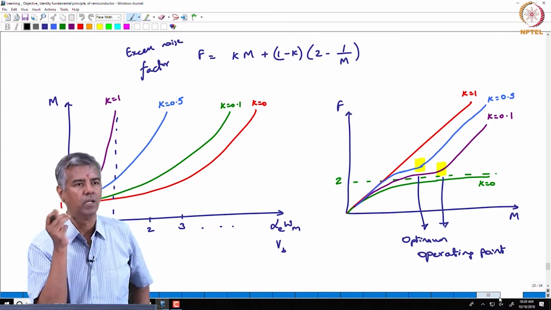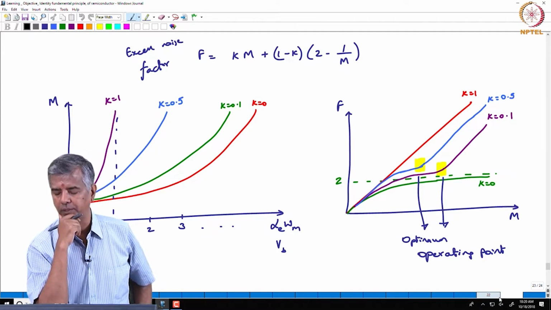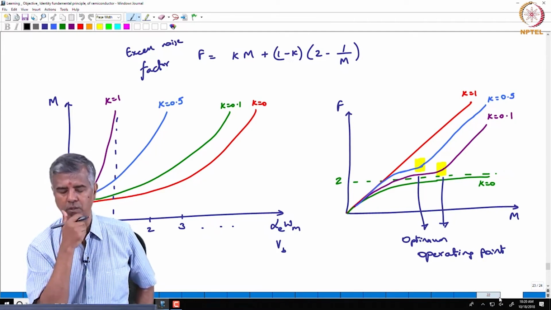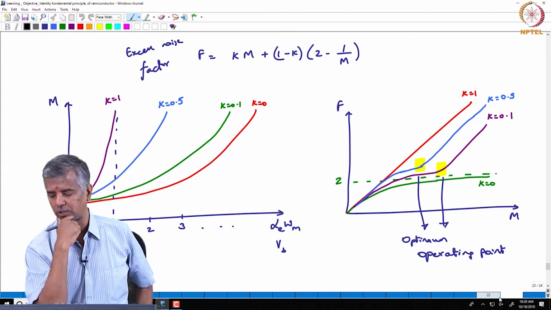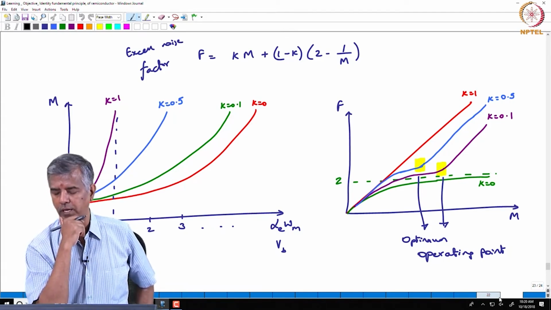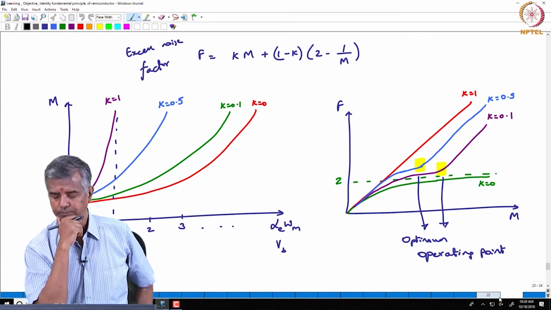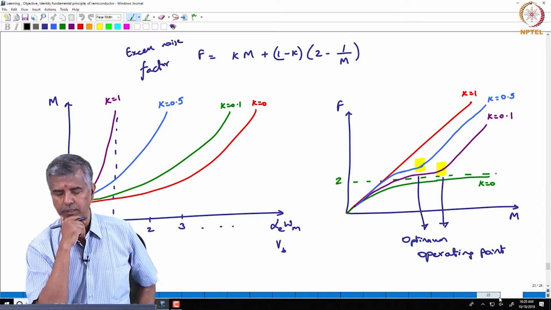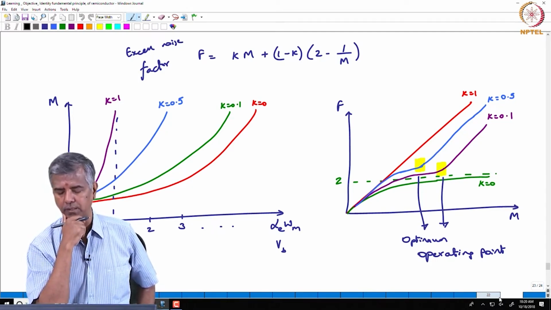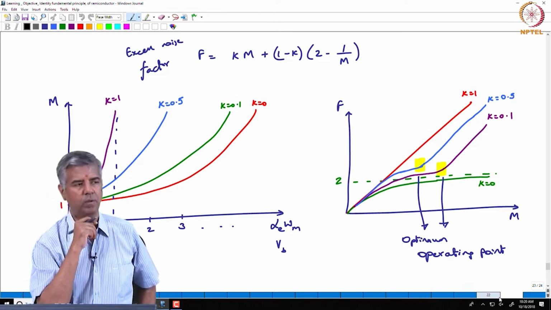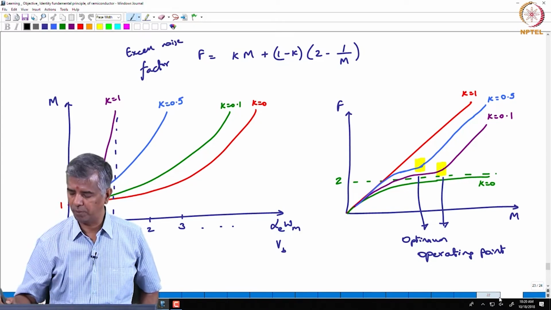So, overall we are not gaining in terms of the signal to noise ratio. Whereas if k equals 0.1, up to a certain multiplicative gain there is not as much increase in the noise, and so there may be some optimum operating point for these APDs, right.